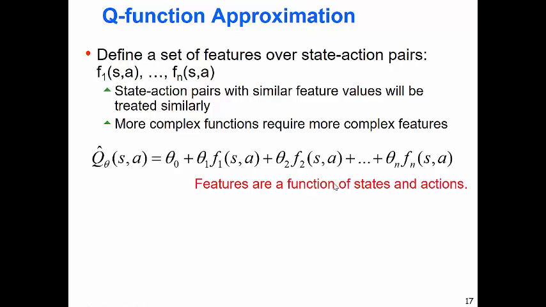It seems like the features are going to have to depend on the actions in this case. So why do we need the features to depend on the actions? Why can't we just have features that are functions of the state? Right? So why not just have f1 to be a function of the state? I've got them all depending on the action somehow.